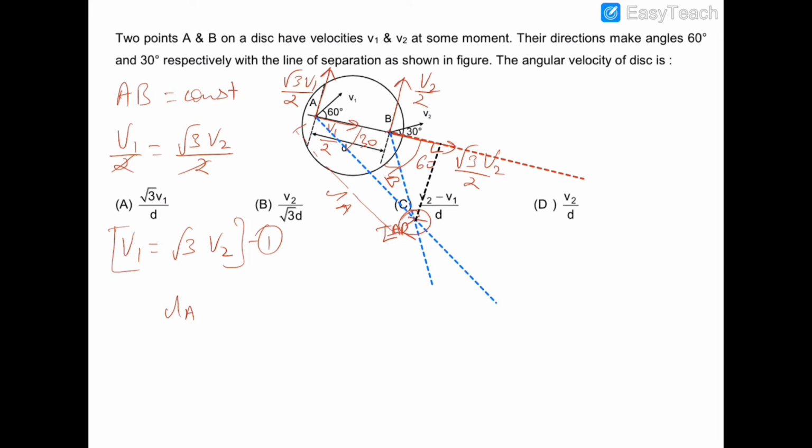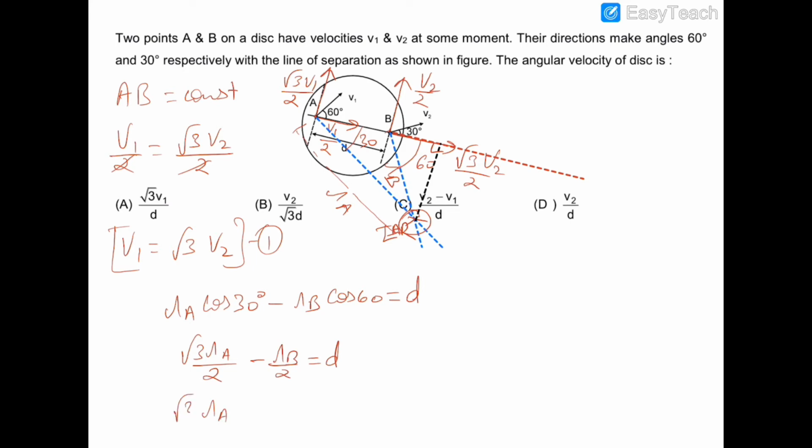So RA cos 30 minus RB cos 60 is equal to D. You can see that this distance RA cos 30 and this distance RB cos 60 have a difference which is equal to D, which is given in the question. So this is root 3 RA by 2 minus RB by 2 is equal to D, and root 3 RA minus RB is equal to 2D.